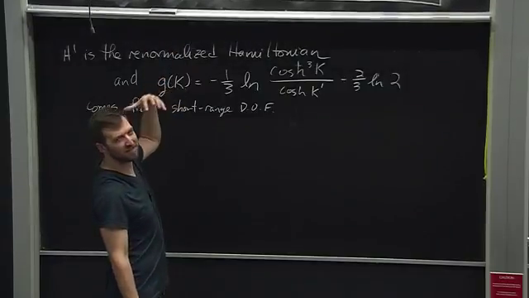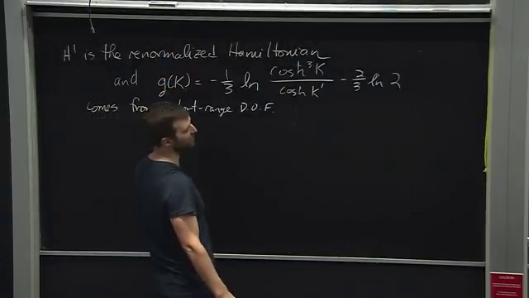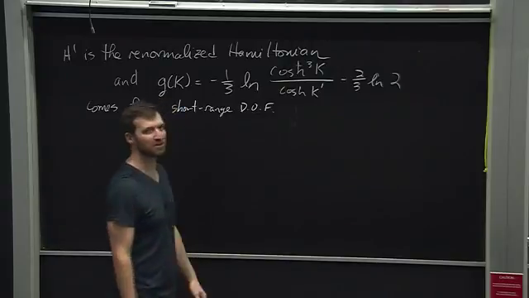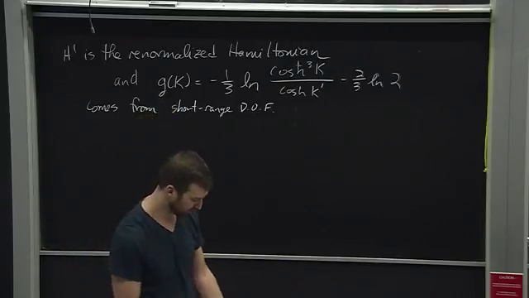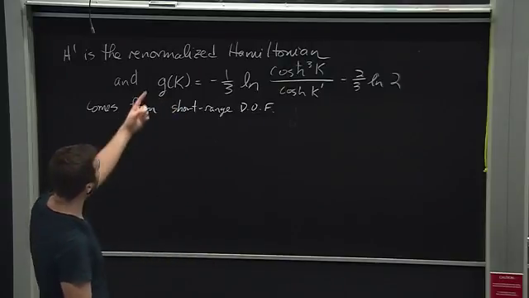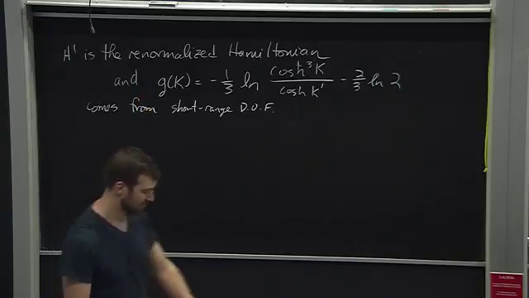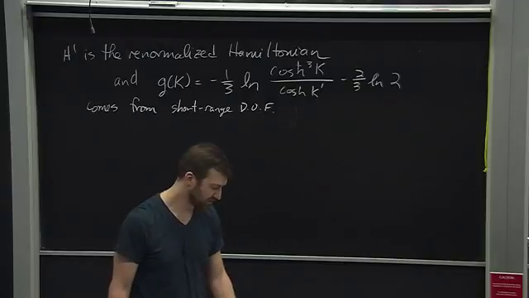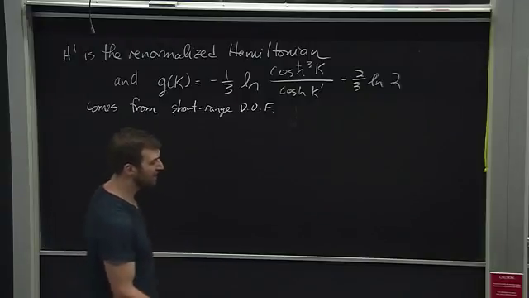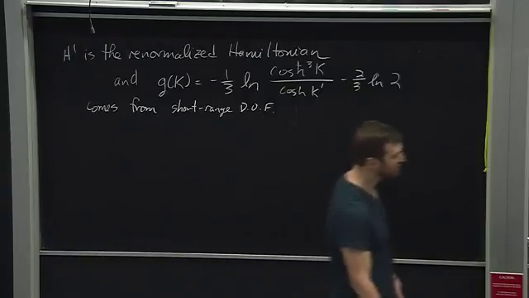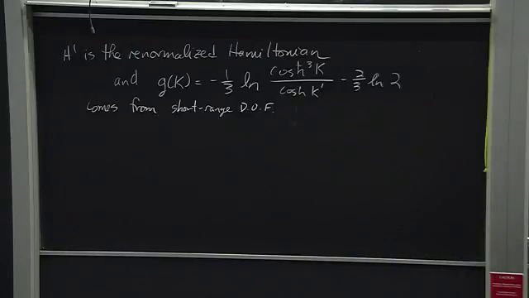So it's a little messy, but it's like the cleanest thing you can do. If you try doing this in 2D, so I'll explain some other day, it basically doesn't work. So H prime has the same form as H, with just a different renormalized coupling. Like I said, the main content of the RG transformation lies in this equation here. And so all that's left is to analyze that equation.